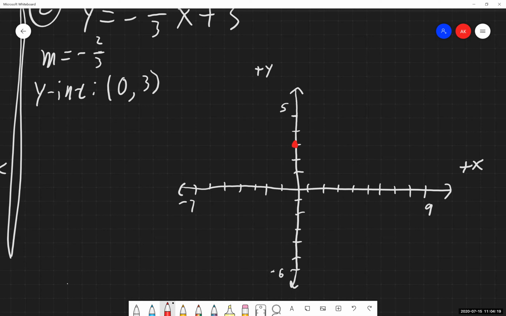And the question that comes up for a lot of people is, okay, does that mean for a rise over a run, am I going 2 in the negative direction for y and then 3 in the negative direction for x? This is where we need to determine, is that negative out front going to apply to our numerator or to our denominator? It can only apply to one of them. It cannot apply to both.